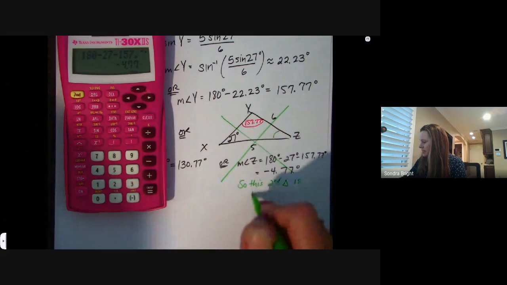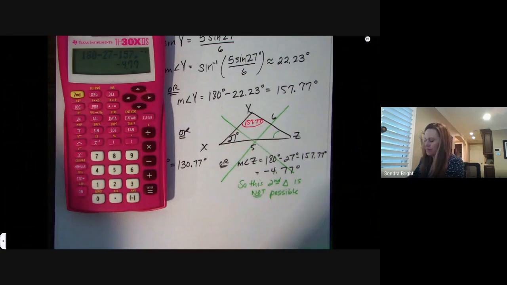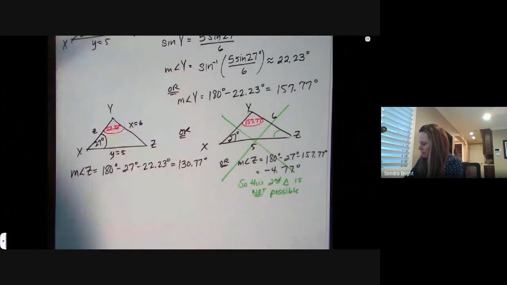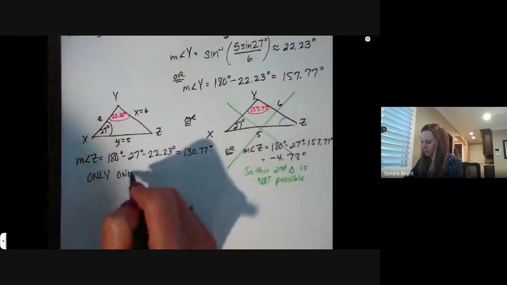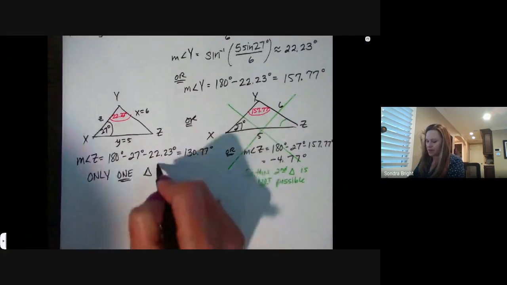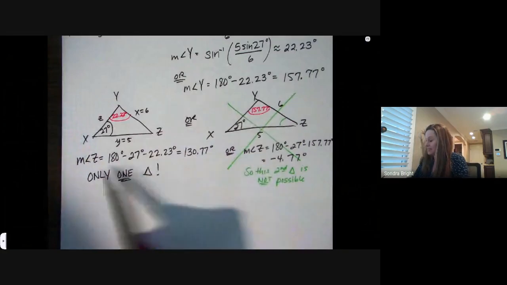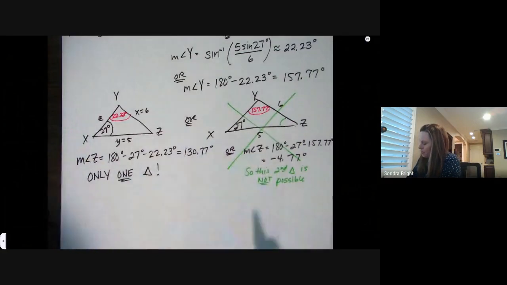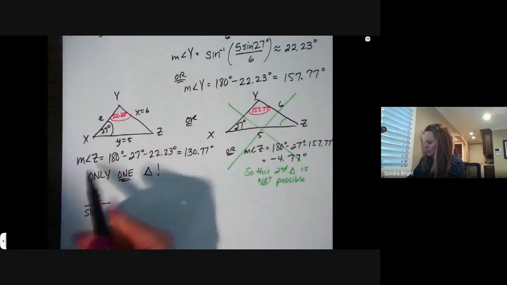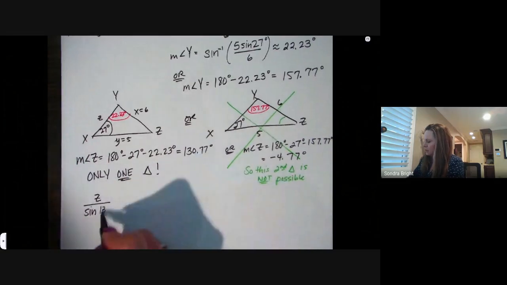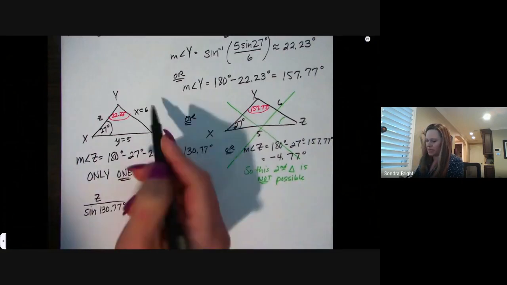And what that means for us is there's only one answer. Only one triangle works for this information. Right? And so we've got the measure of angle z, and now we can find side z by doing z over sine of angle z, 130.77 degrees, equal to x, which was 6, over sine of 27 degrees.